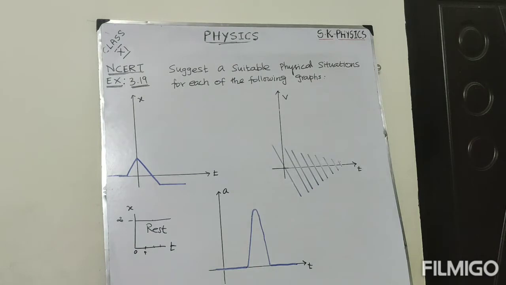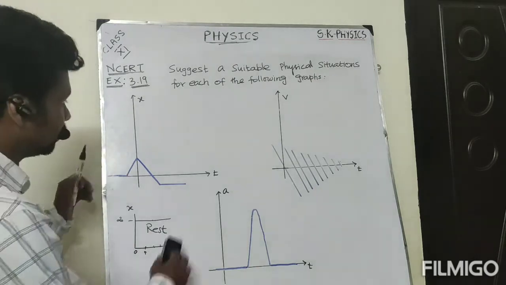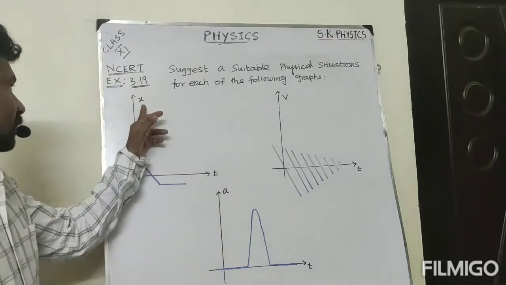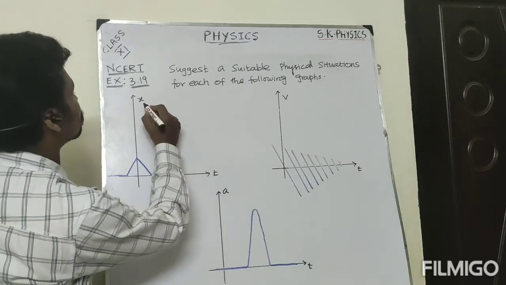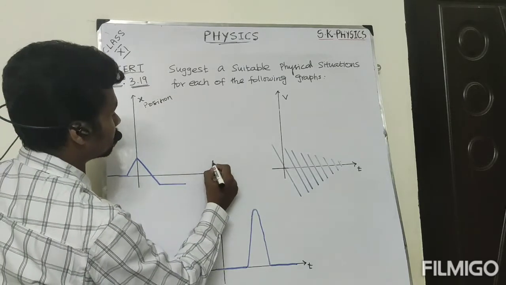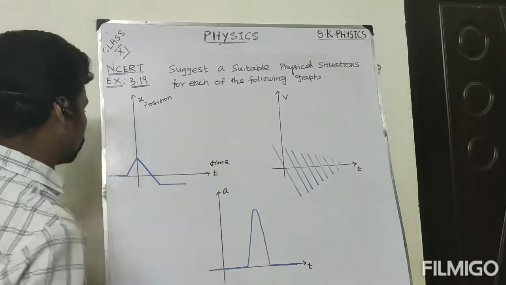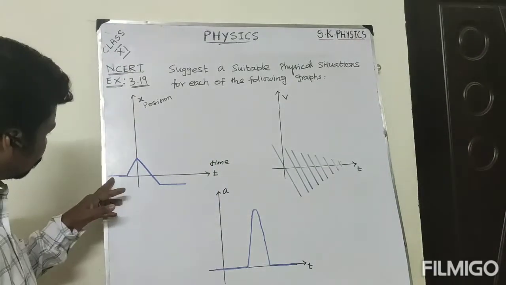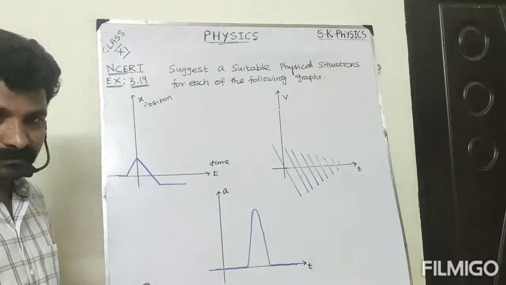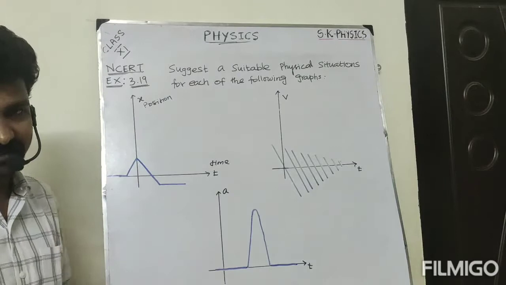Now, let's take the first graph. The first graph is between the position and the time. x is the position, and here it is the time. The blue color is the graph line, black color is the axis.